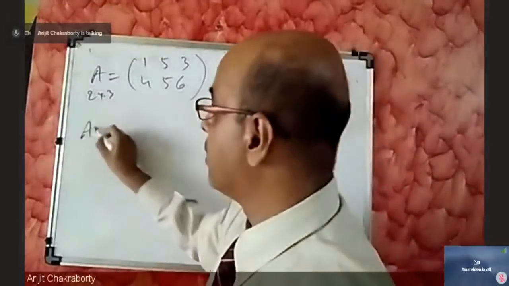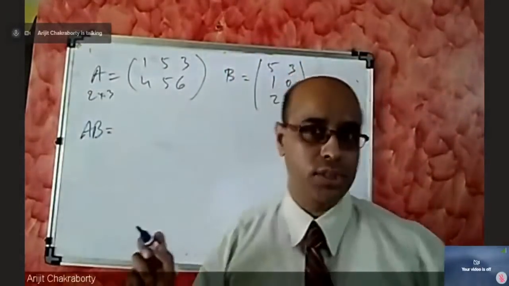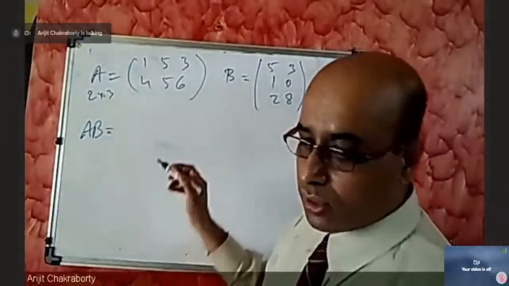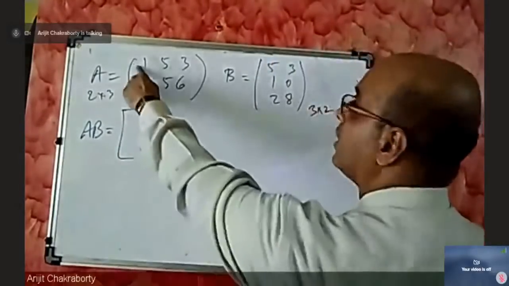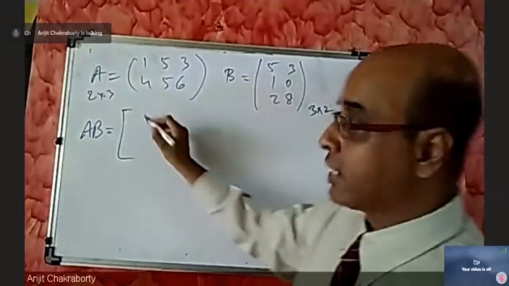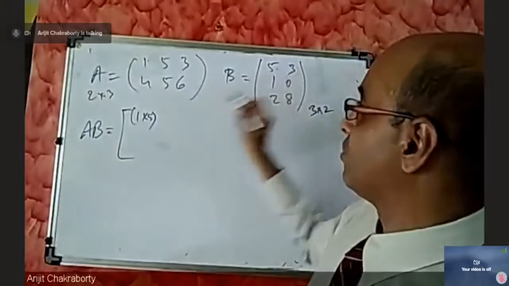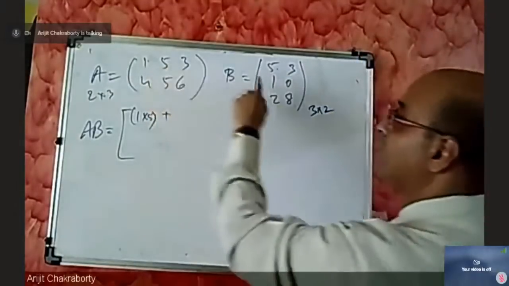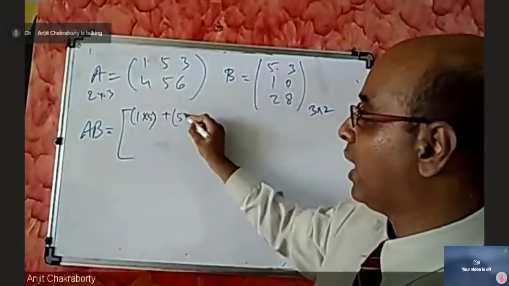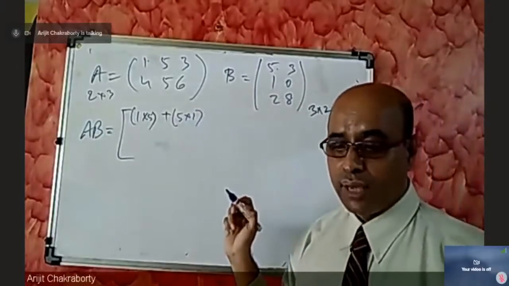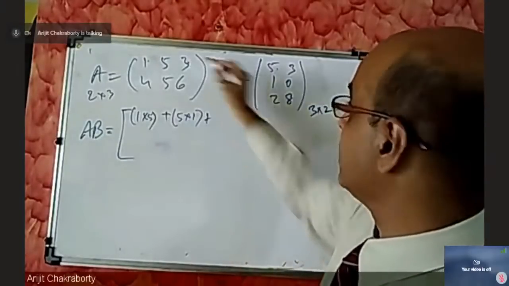So AB will be equal to how much? Let's see the solution. So 1 into 5. Please do it very carefully. 1 into 5 plus 5 into 1 plus 3 into 2.